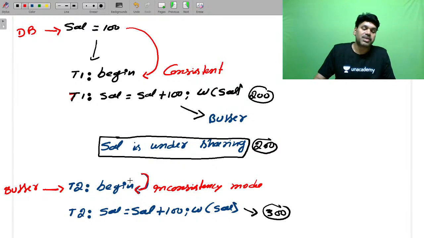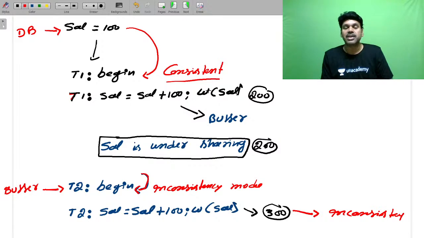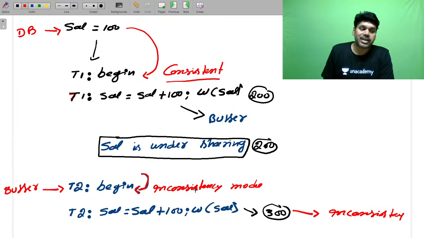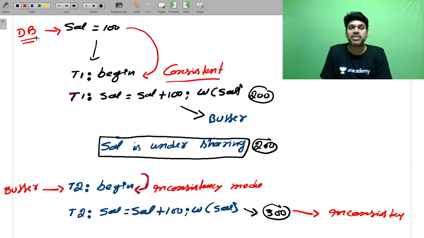Whenever you do some kind of activity from your buffer, it is going to be under inconsistency, and ultimately the result will also be inconsistency. Whenever you start in inconsistent mode, the result will always be inconsistent. Whatever activity you do from the DB is consistent, and when you do activity from the buffer, it is inconsistency.